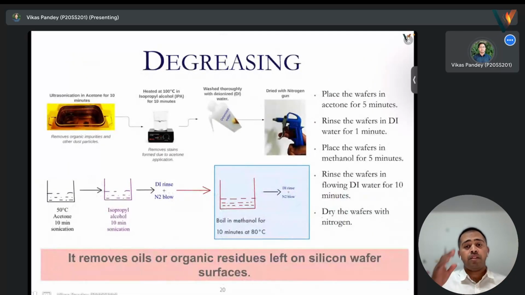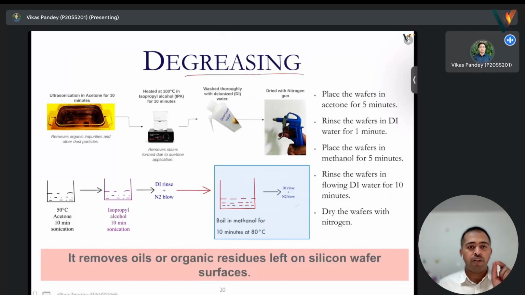These were cleaning processes. But in between the processes, we might need to clean our wafer in a shortcut method, and for such cases there is degreasing.